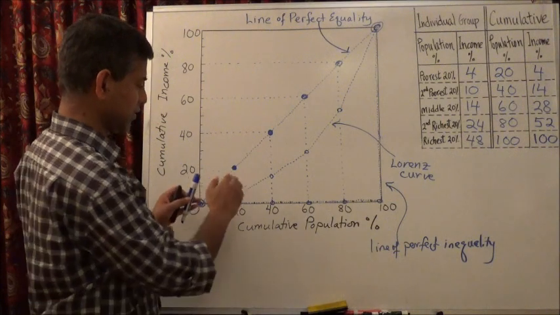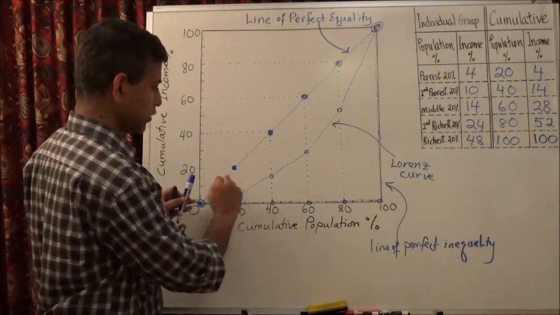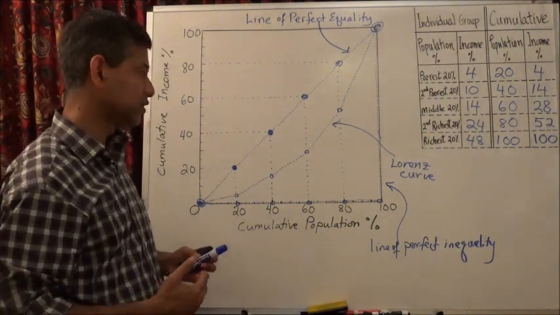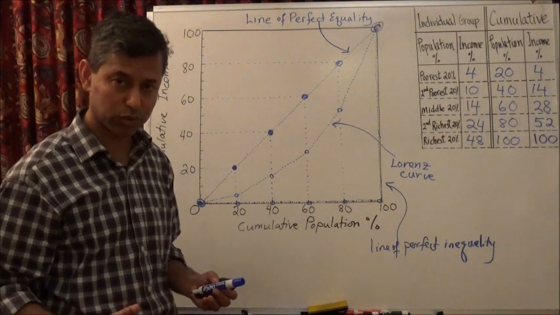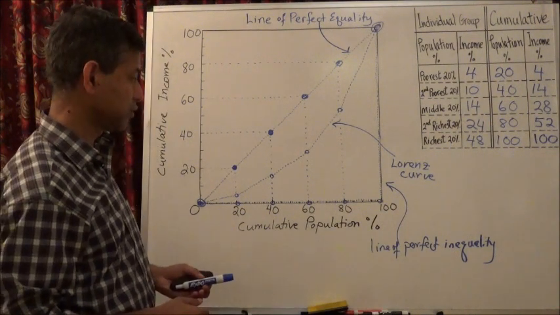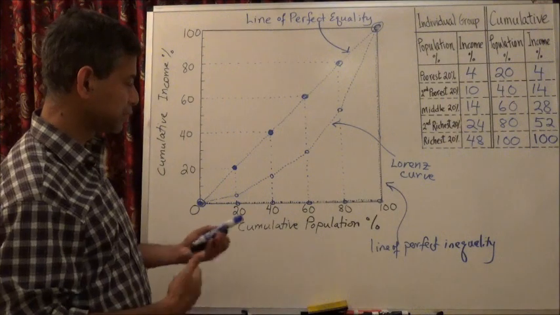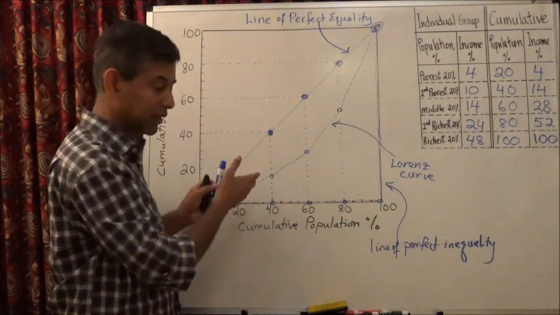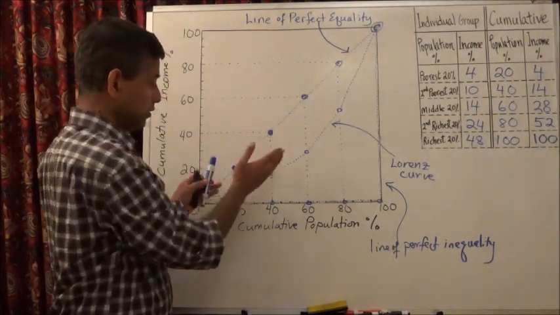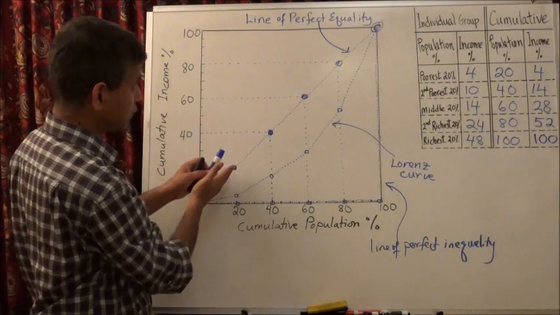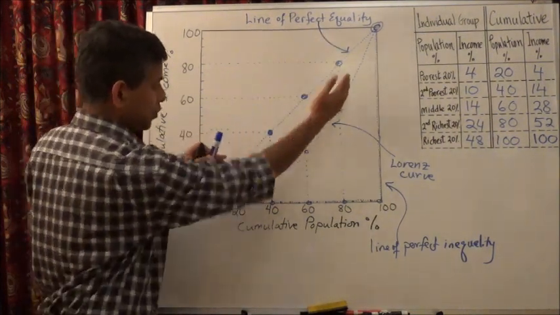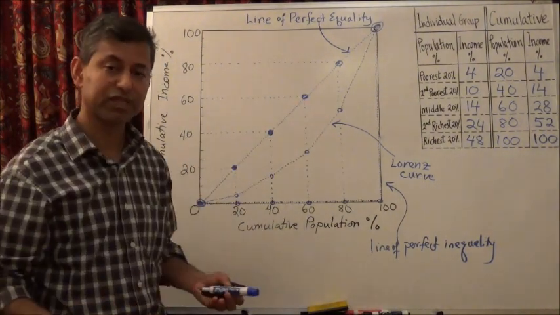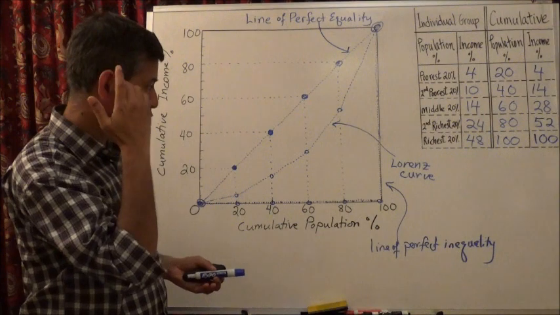One other thing to note is that if you had 2 situations where the Lorenz curves are crossing, then visually it may not be easy to tell which one is capturing greater inequality versus smaller inequality. And so that's the type of situation where being able to measure the overall deviation, this gap between the perfect equality case and the actual Lorenz curve case, being able to calculate or quantify that gap becomes very, very useful for comparing 2 or more situations.